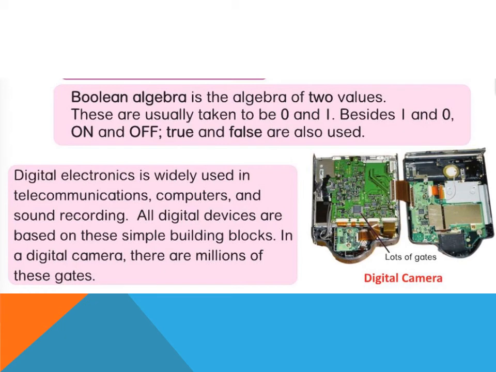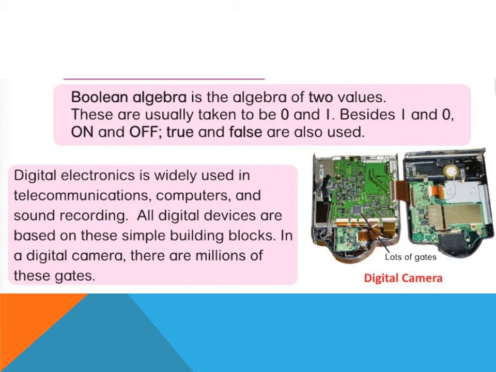That means in place of 0 we can use off, in place of 1 we can use on. In other words, we can also use 1 as true, 0 as false, and same thing, there are two values only: true and false, on and off, 0 and 1. So Boolean algebra is the algebra of two values. Simple.